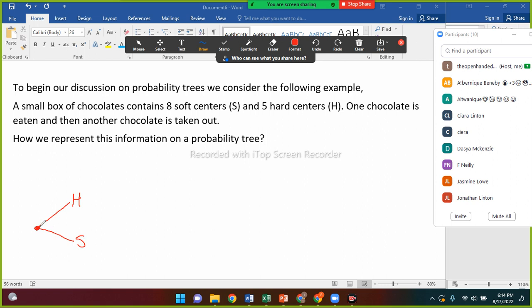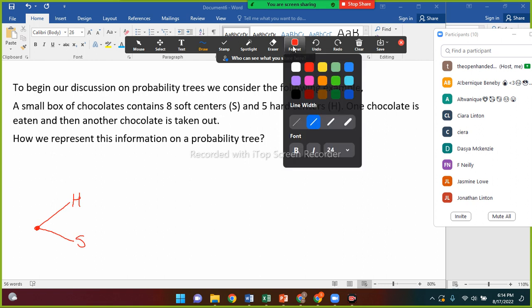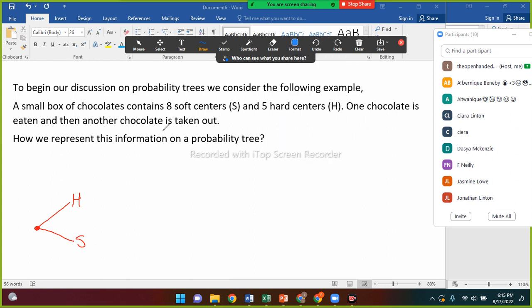What this is saying is that when we close our eyes and dig our hand inside this box, one possibility is that we could get a chocolate that has a hard center, or we could get a chocolate that has a soft center. Now, what is the probability of us getting a chocolate that has a hard center? Sierra, what is the probability of us getting a chocolate that has a hard center?